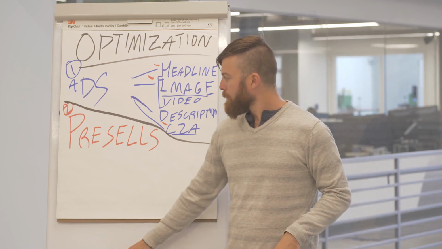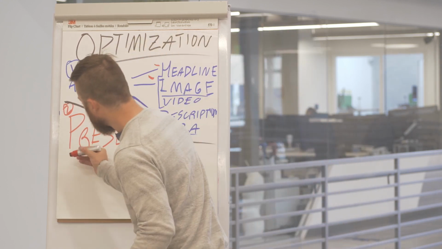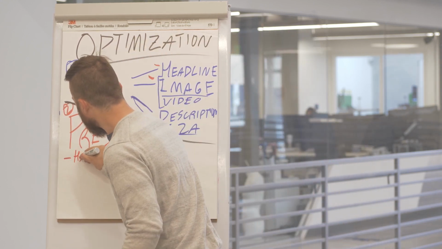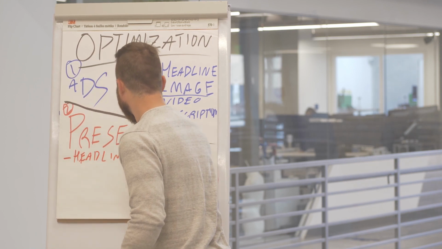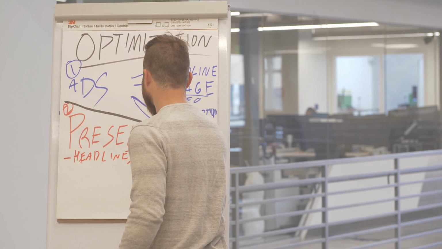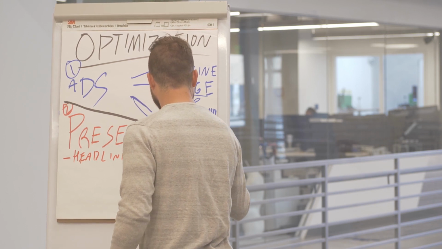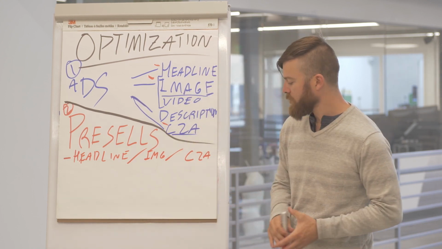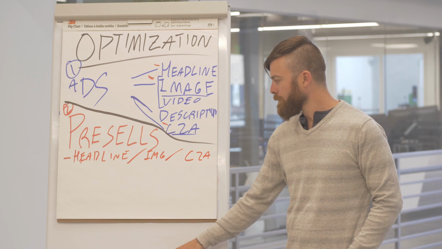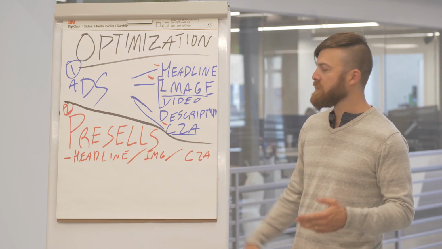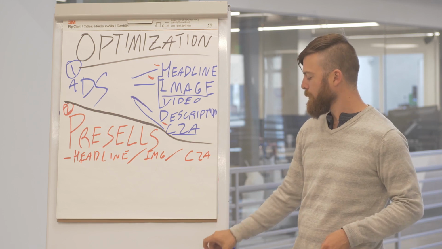So for the pre-sale, I'm just going to write the elements here: headline, image, CTA. Now you could go crazy on testing a lot of different things, but really it's fairly simple. Test the pre-sales, test these things.